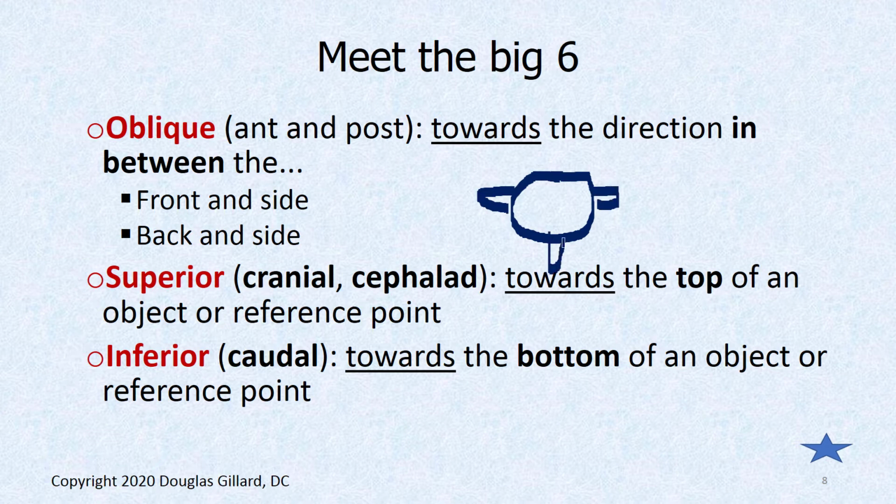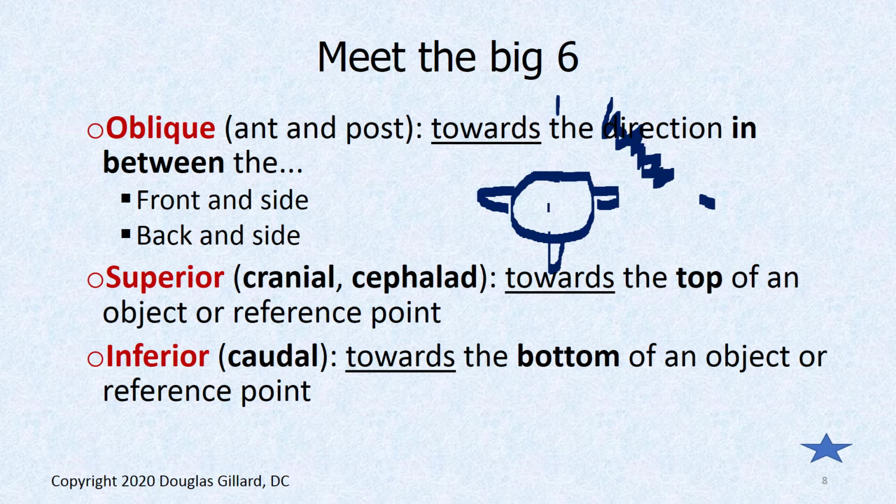There's the spinous process, there's the transverse processes. So there's the front, the anterior of the bone, there's the lateral portion of the bone. So oblique or anterior oblique would be somewhere in this zone here. So that's an anterior oblique area.